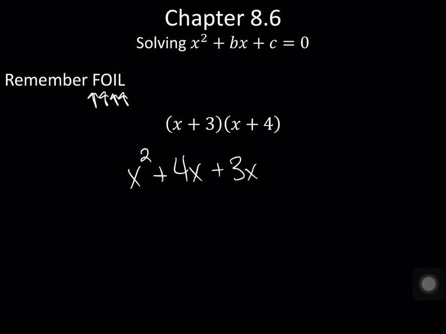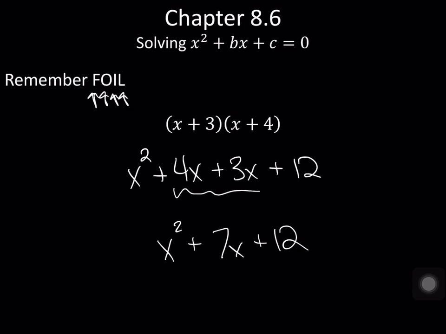And then last times last, 4 times 3 would be plus 12. Now, our next step, when we were doing FOIL, we would go ahead and simplify these terms in the middle because they are like terms. And so our final answer would be x squared plus 7x plus 12.